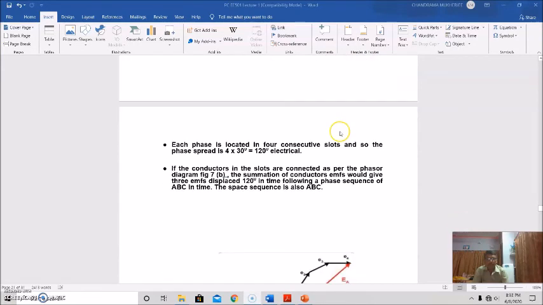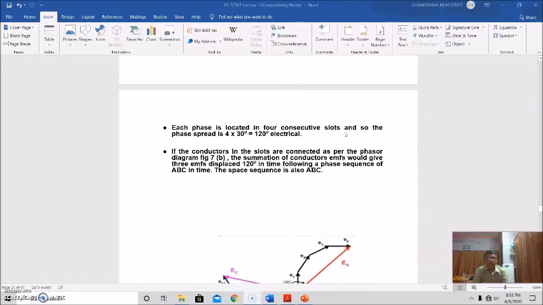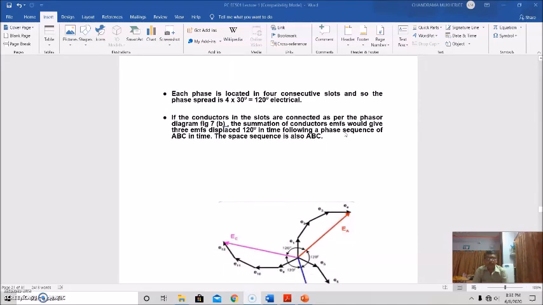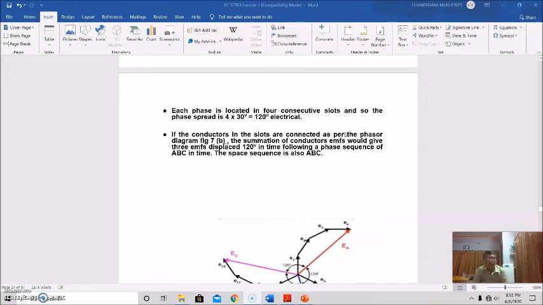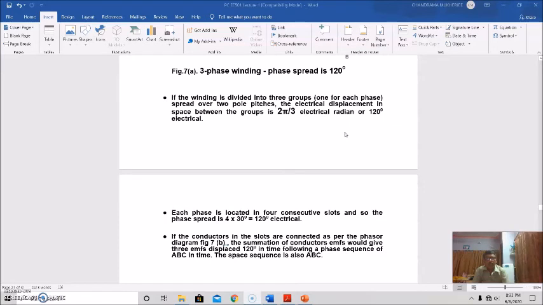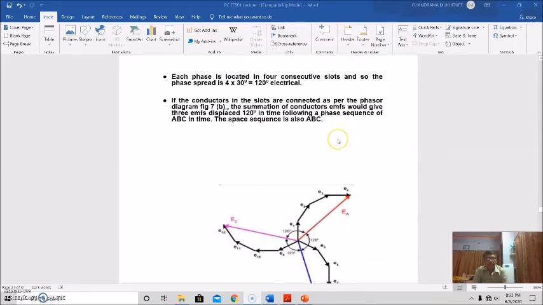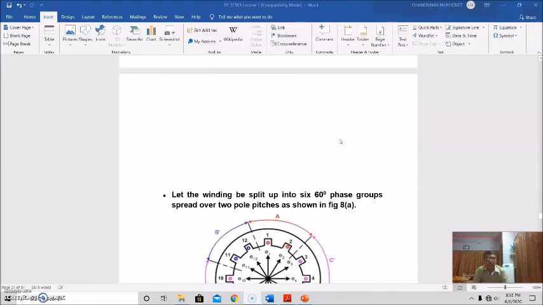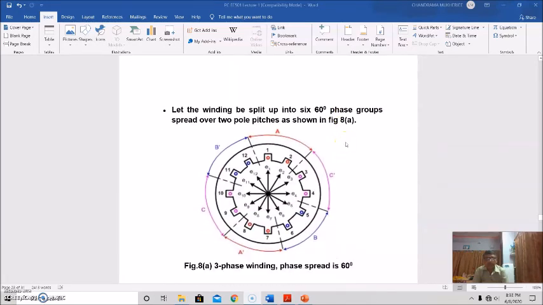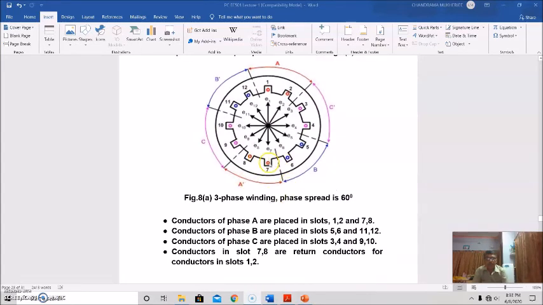We have seen that. Then again, we have taken another example, 12 slots, 6 groups, 60-degree electrical phase groups, spread over two pole pitches, and how the conductors are placed in different slots for different phases, for forward and return conductors.